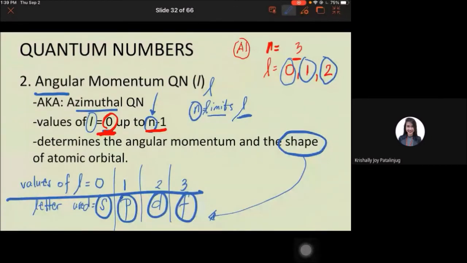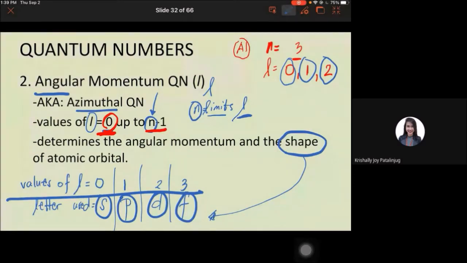Yung S, spherical siya. Yung P sub-level, it looks like a dumbbell shape. Yung D sub-level, it looks like a clover leaf shape. And then yung F sub-level, perpendicular to each other.